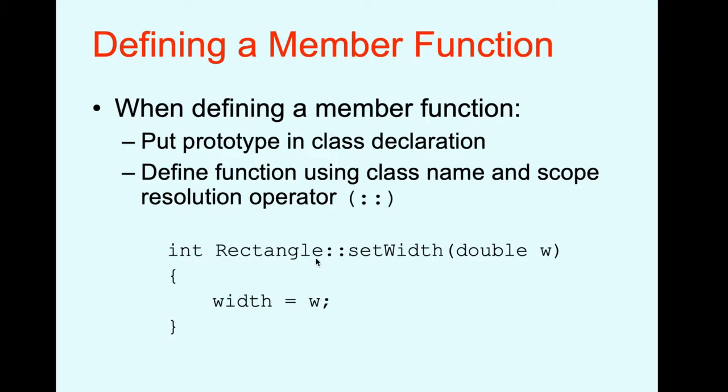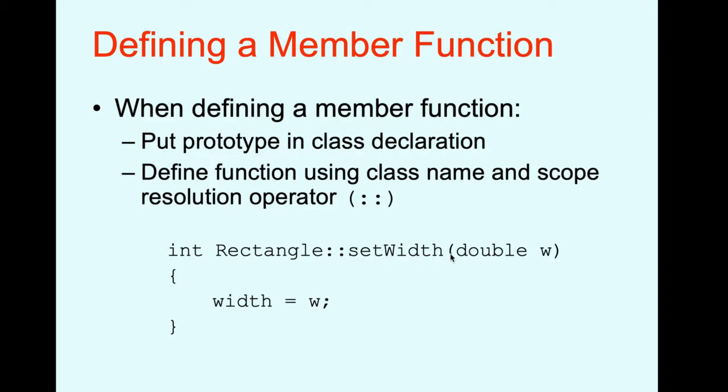So what is the purpose of the scope resolution operator? It links the function with the class. Like here, for example, the first word int is the return type of the function. Rectangle is the name of the class. The scope resolution operator will link this function. The function name is set width.